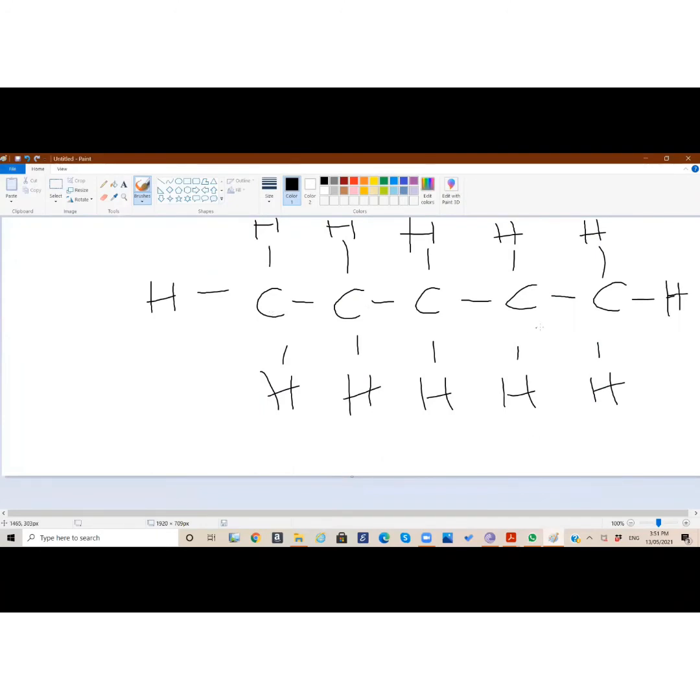Notice that with the alkane, you already have 5 carbons, but it's 10 hydrogens, not 12.